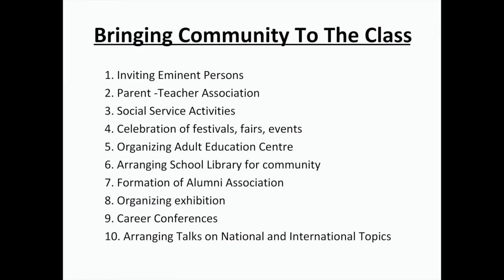These are community human resources which can be utilized by the enterprising teacher to enrich and vitalize the school programs. These distinguished persons can explain to students their own important role in the community and the services rendered by them to the community in different directions.